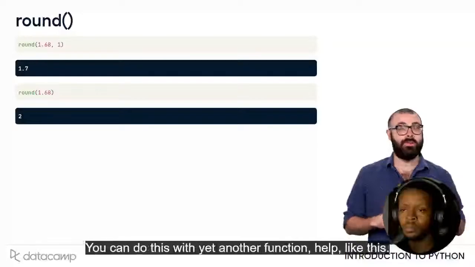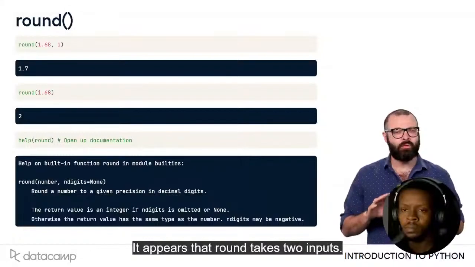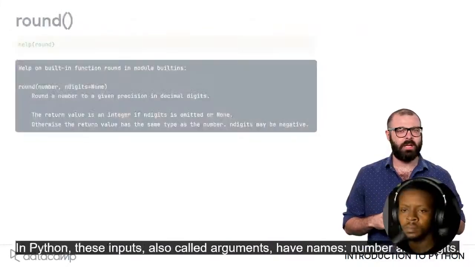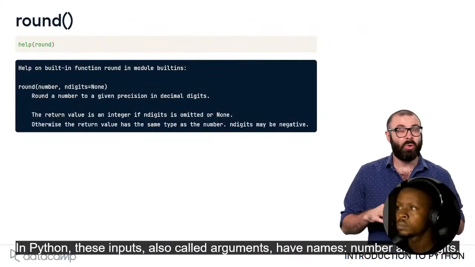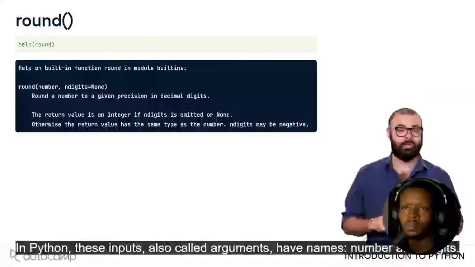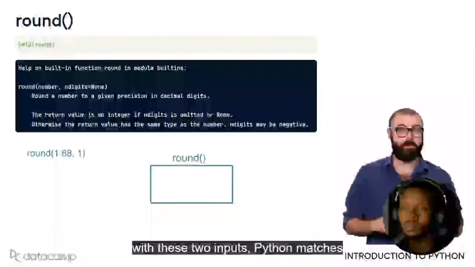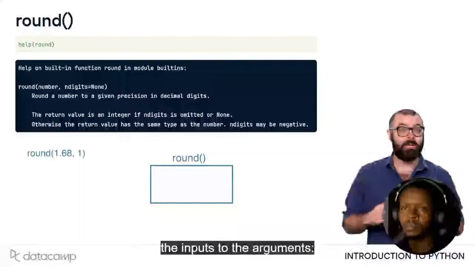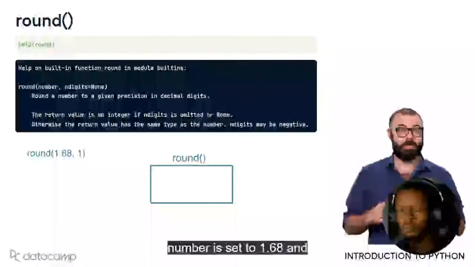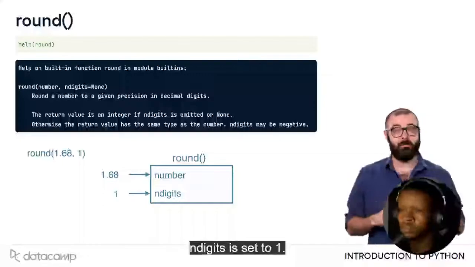You can do this with yet another function, help, like this. It appears that round takes two inputs. In Python, these inputs, also called arguments, have names, number and ndigits. When you call the function round with these two inputs, Python matches inputs to their arguments. Number is set to 1.68 and ndigits is set to 1.